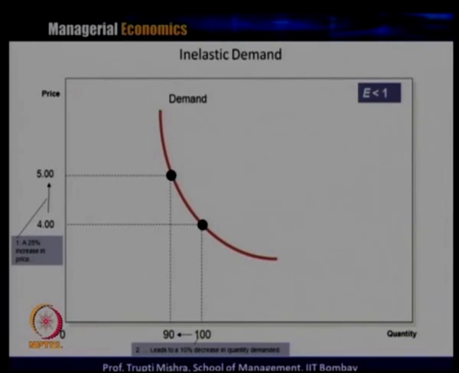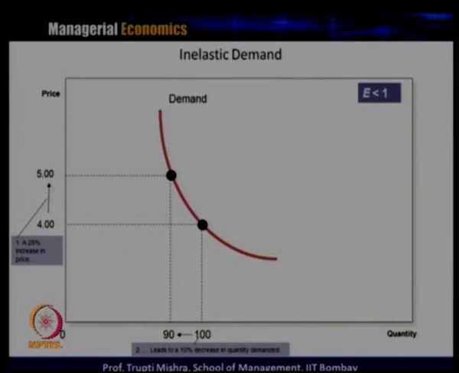Price increases from 4 rupees to 5 rupees. What happens to quantity demanded? Quantity demanded decreases from 100 units to 90 units. So, what is the decrease in the quantity demanded? A 10% decrease in the quantity demanded. A 25% increase in price leads to a 10% decrease in the quantity demanded.